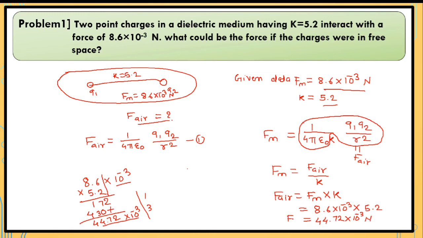This is the force in air. Or also we can write it as 4.472 into 10 to the power minus 2 Newton.